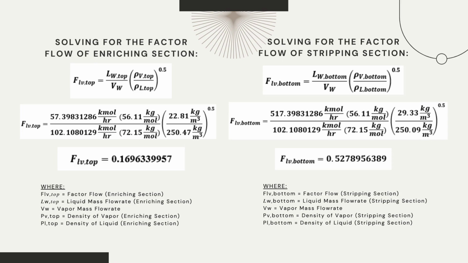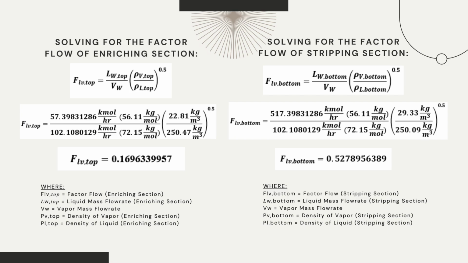To solve for the flow factor of the enriching section, we have the FLV top, or the flow factor of the enriching section, equal to the liquid mass flow rate over the vapor mass flow rate multiplied by the quantity of the density of vapor at the top over the density of liquid at the top, raised to the exponent 0.5.